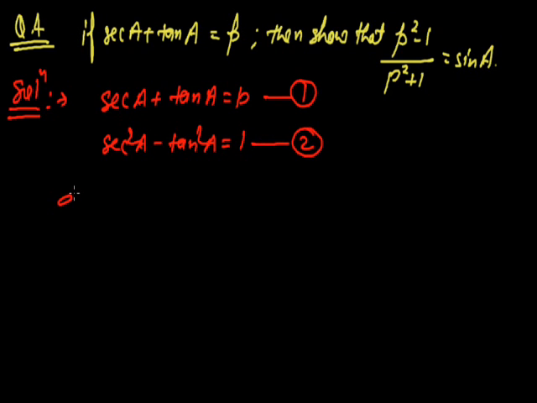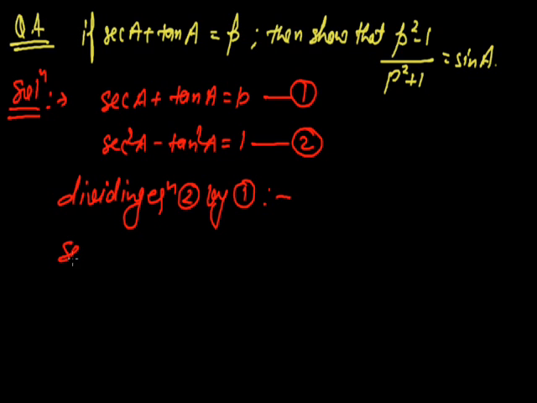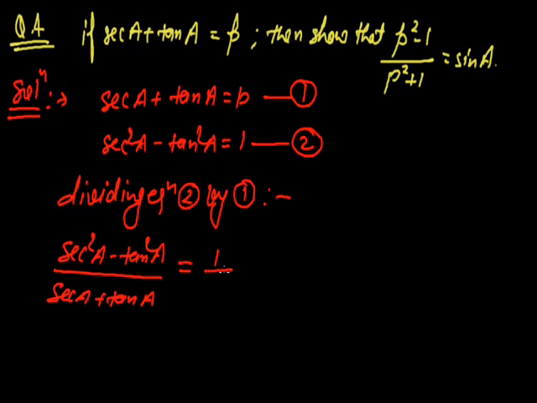Now by dividing equation 2 by equation 1, we have sec square a minus tan square a whole upon sec a plus tan a is equal to 1 upon p.